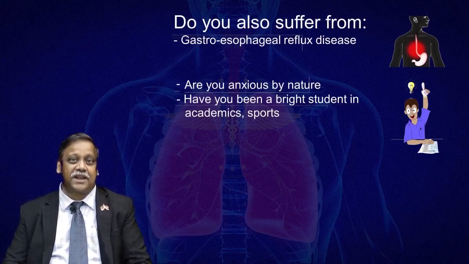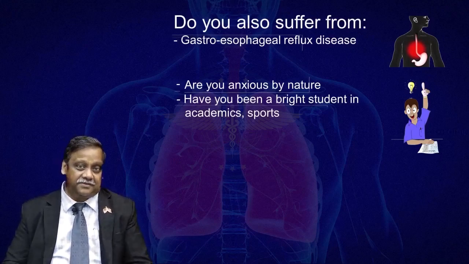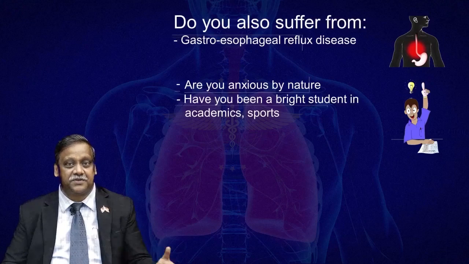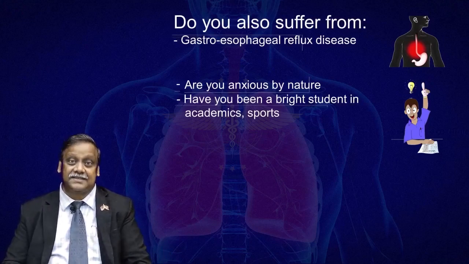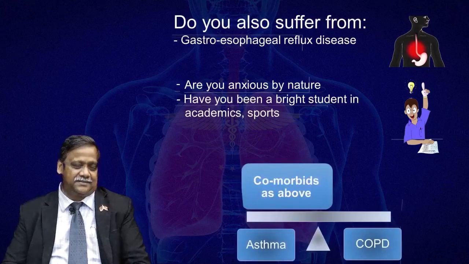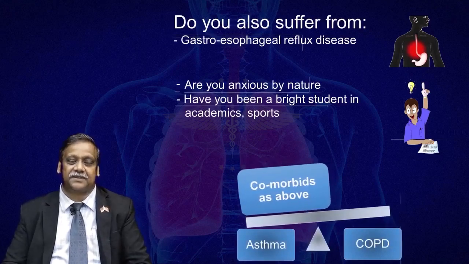Asthmatics are a little more anxious by nature, and asthma seems to be a God gift to many people, because many of these asthmatics achieve a lot in their life, not only in academics but even in sports, in social, cultural, all sorts of activities. Asthmatics seem to do well. So I like to ask this question to my patient. And if the answer is yes, then I know that this person is likely to have asthma rather than COPD.